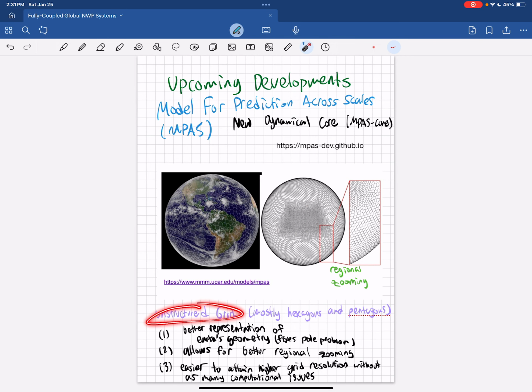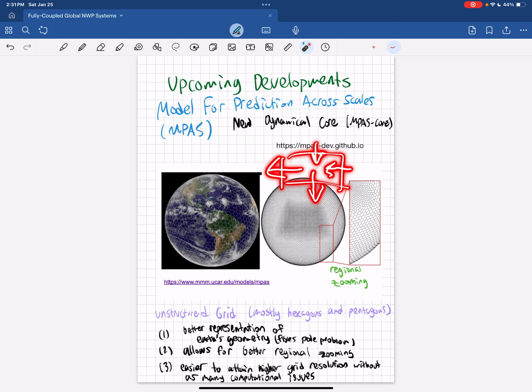This is called an unstructured grid, and the reason this is better is, first of all, it has a better representation of Earth's geometry, so it fixes the pole problem, which is in numerical models when you try to fold. It's like taking a piece of paper and trying to fold it. When you're at the edge of your image of the globe and you try to go out, then you should come back in.